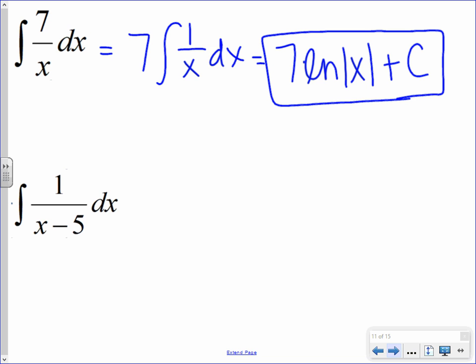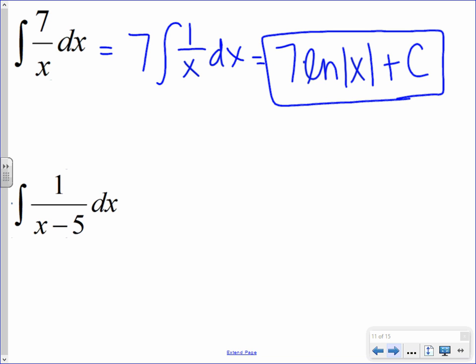Second example, the integral of 1 over x minus 5 dx. As long as we have a linear denominator, we can use the natural log rule. Okay?